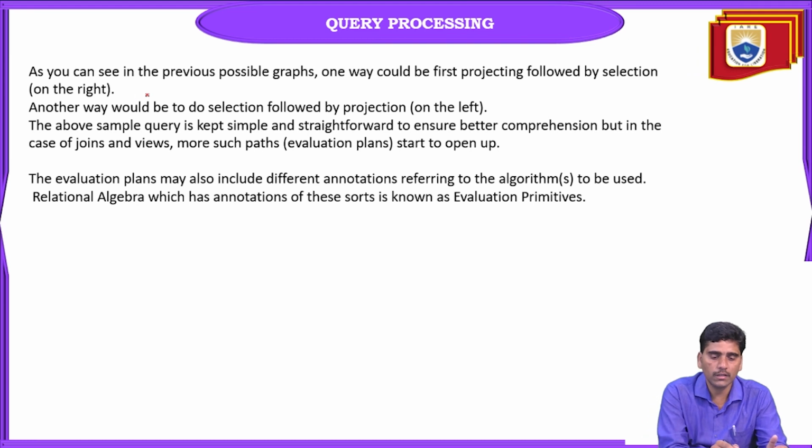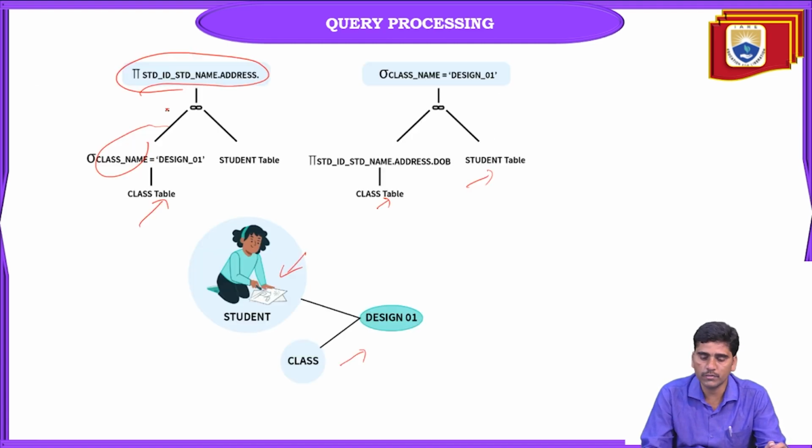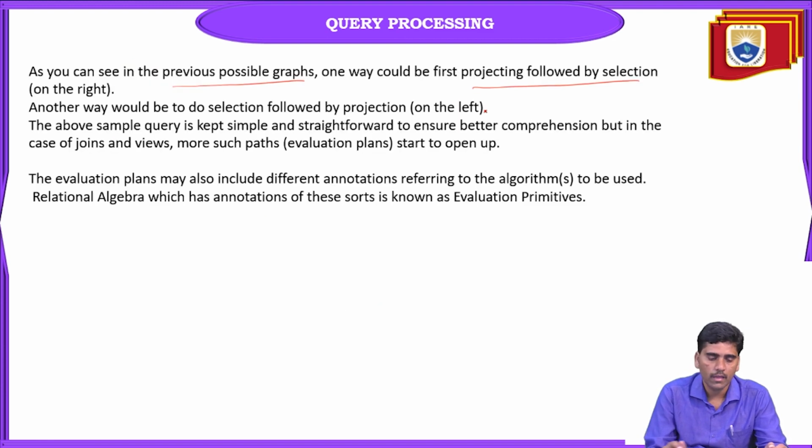As you saw in the previous possible graphs, one way could be projection followed by selection, shown on the right side. Another way would be selection followed by projection, on the left side.